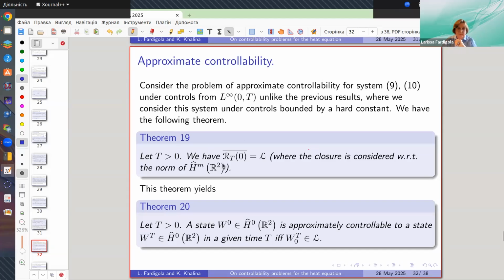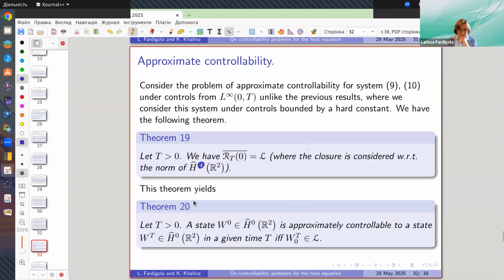We have RT of 0, the closure of RT of 0 equals L. Here the closure is considered with respect to the norm of H hat 0.